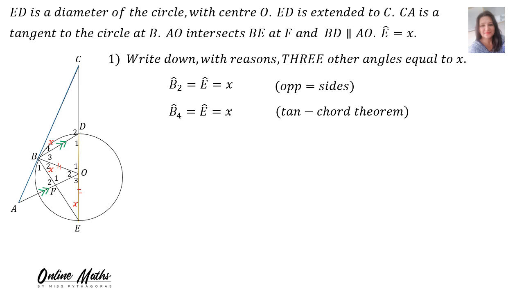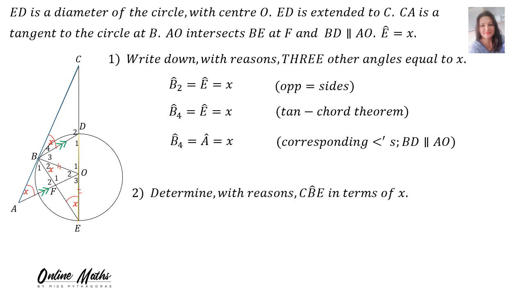Remember, this theorem says the angle between the tangent and the chord is equal to the angle in the opposite segment. We can also say that B4 is equal to angle A is equal to X, and the reason is they form corresponding angles since BD is parallel to AO.